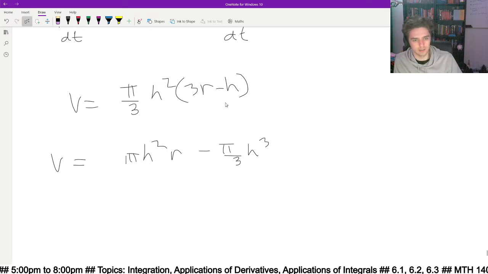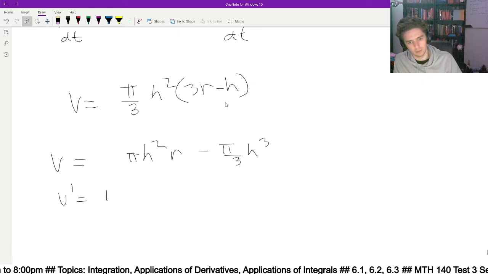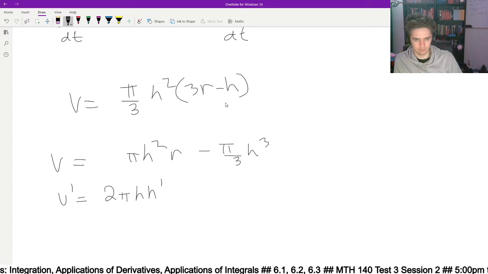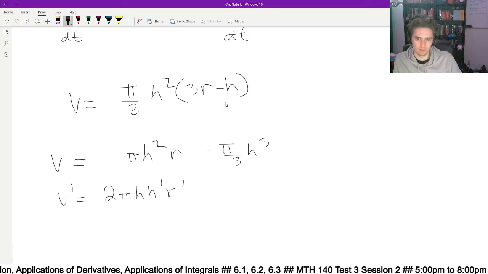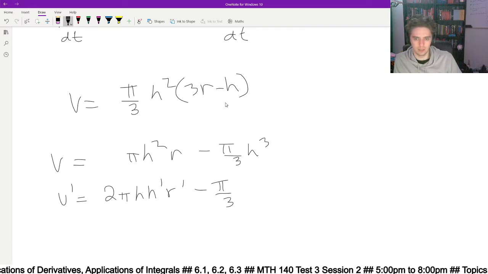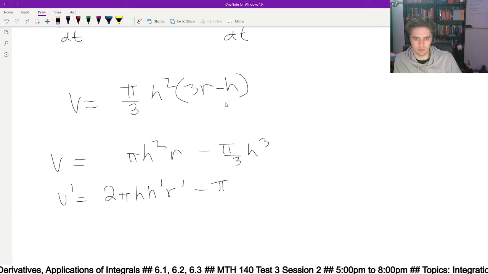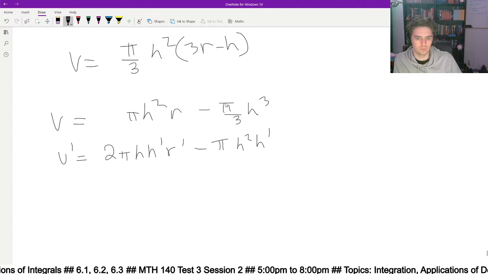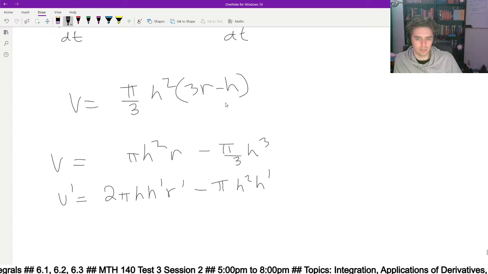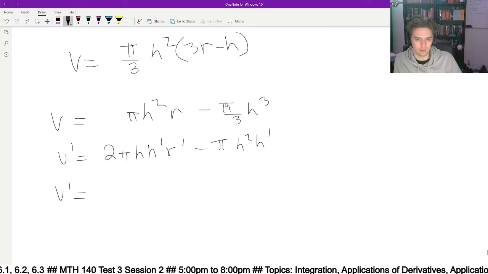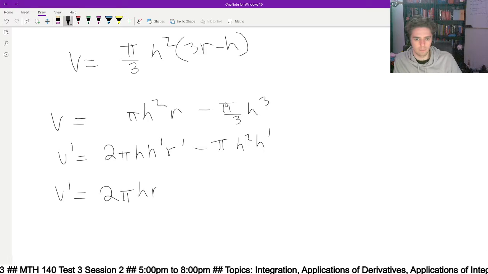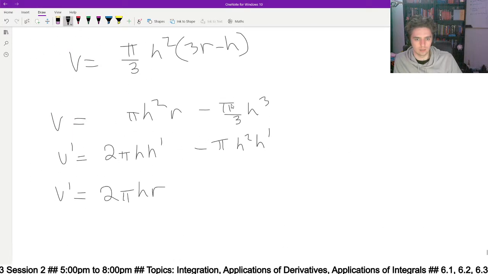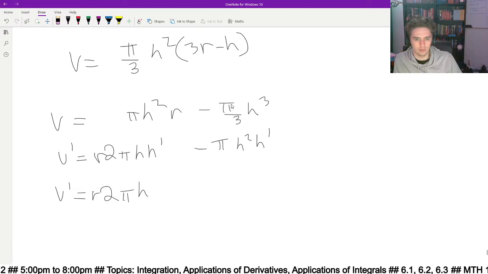Okay, so now taking the derivative, V prime equals 2 pi h h prime r minus pi over 3 times 3 h squared h prime, so pi h squared h prime. Okay, and we know everything except h prime, so we can just factor it out. 2 pi, r is a constant, so r goes to the front. Thank you.